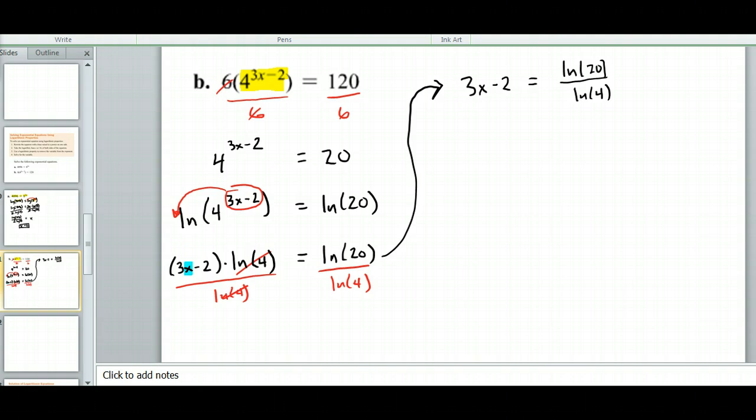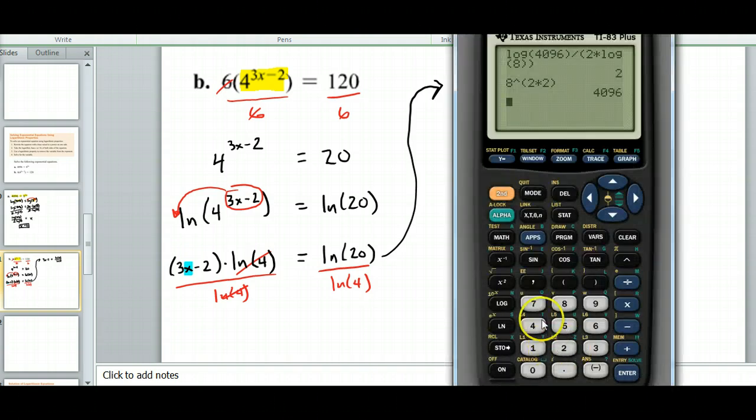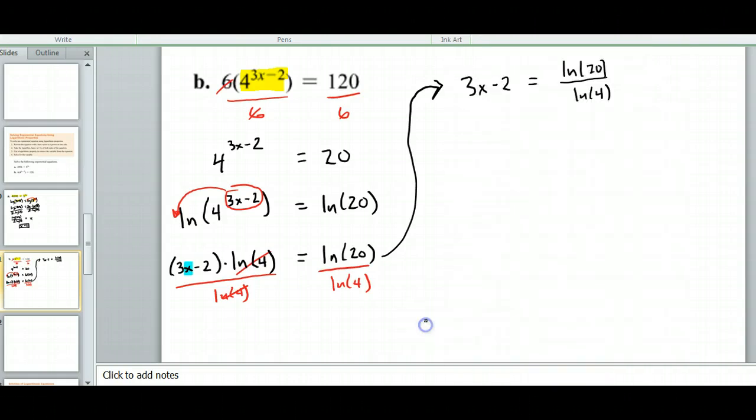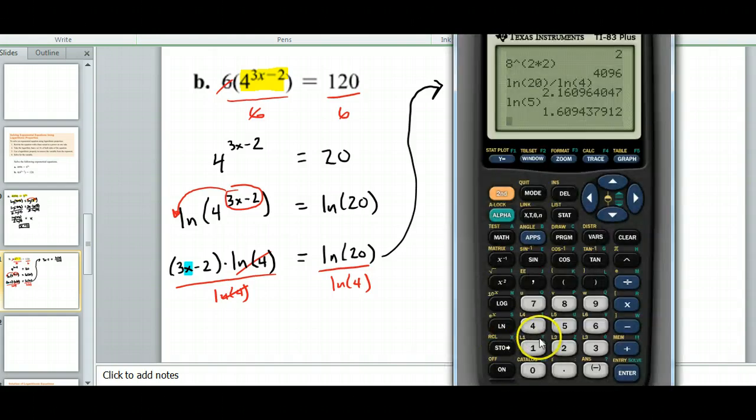Right, now before you write like the natural log of 5 or something, the natural log of 20 divided by the natural log of 4, is that equal to the natural log of 5? No. Okay, so don't do it. Don't be tempted to say that. That's not what the quotient rule says. Is it equal to the natural log of 16?